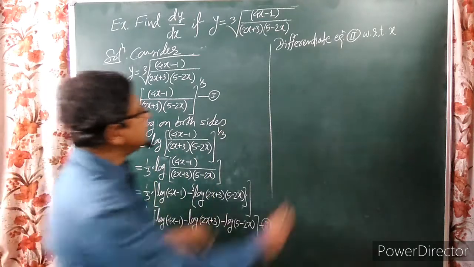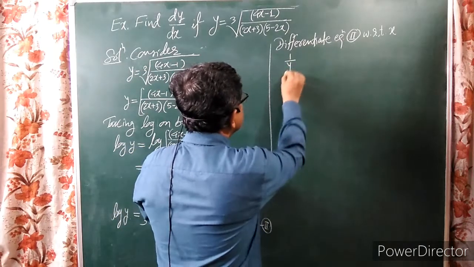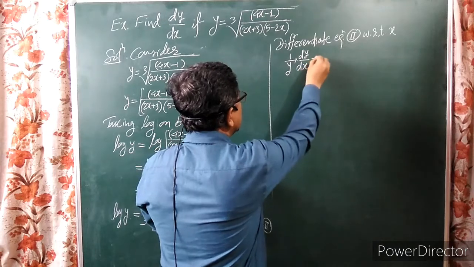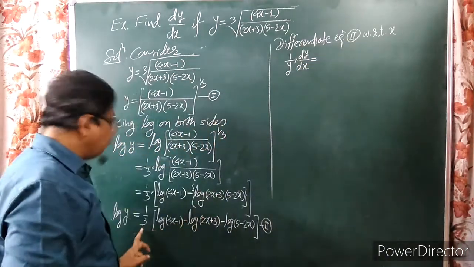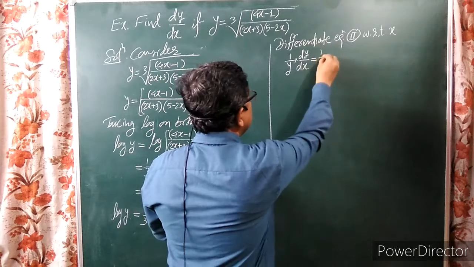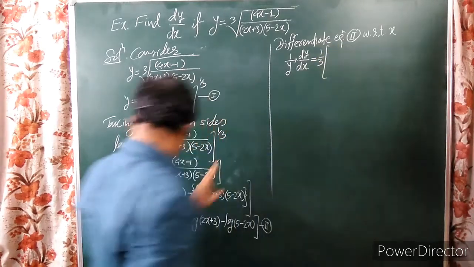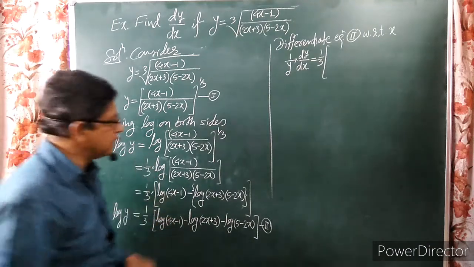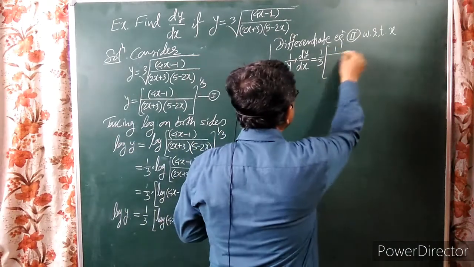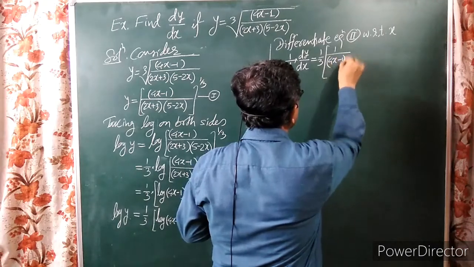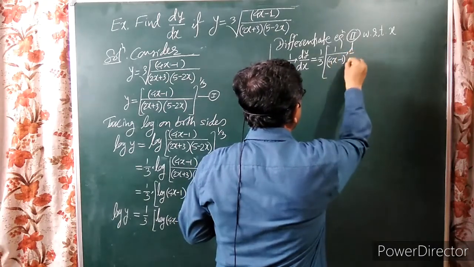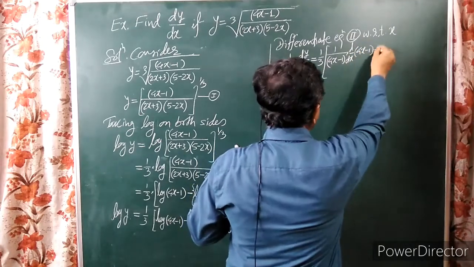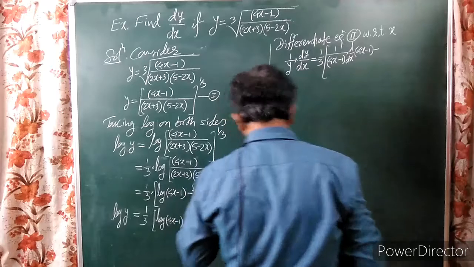So derivative of log y with respect to x is 1 upon y into dy by dx. This is by chain rule, which is equal to 1 by 3 is outside the bracket. हा आठवणीने लिहा. Inside the bracket, log of u. Log of u is 1 upon u into du by dx. So 1 upon u is this bracket 4x minus 1 into derivative of bracket 4x minus 1, minus derivative of log of 2x plus 3.